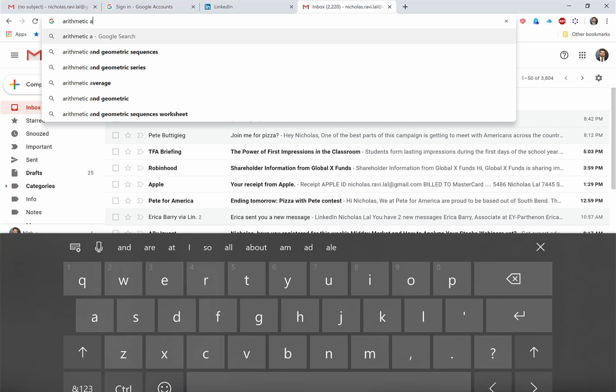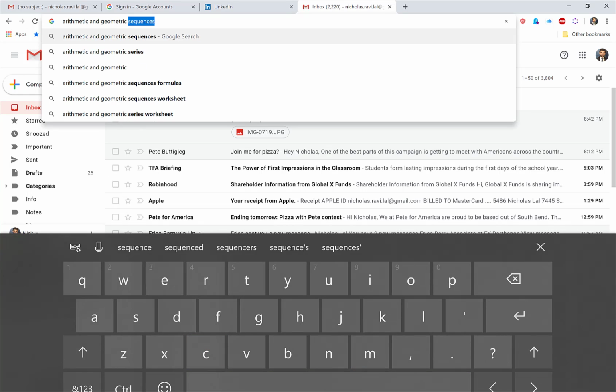Arithmetic and geometric explicit formulas.